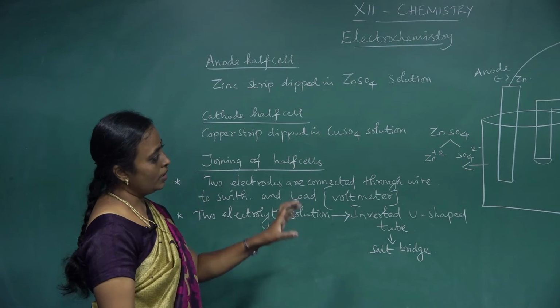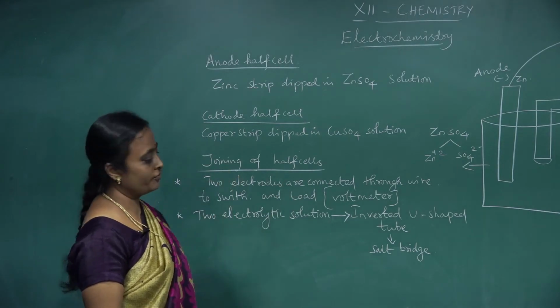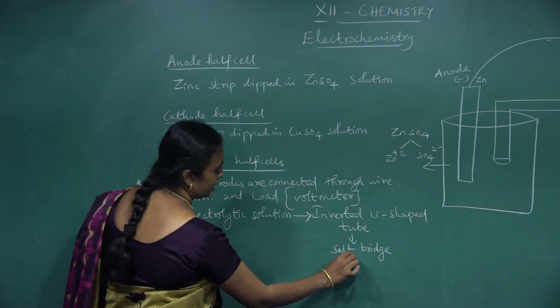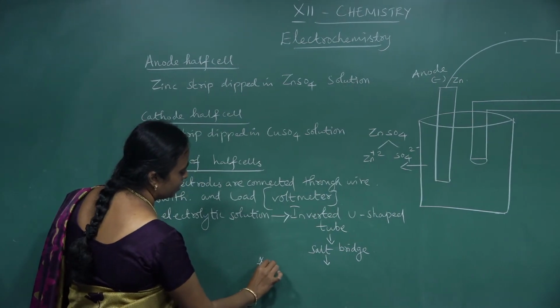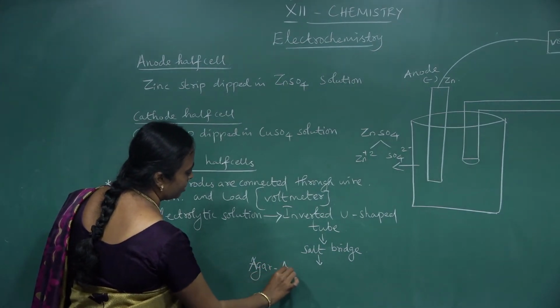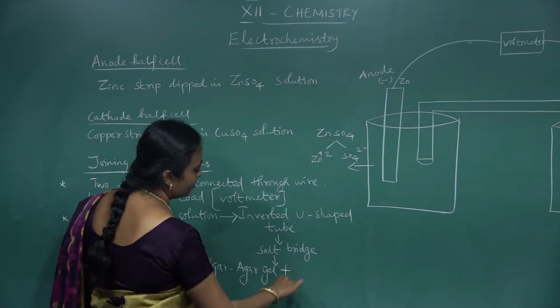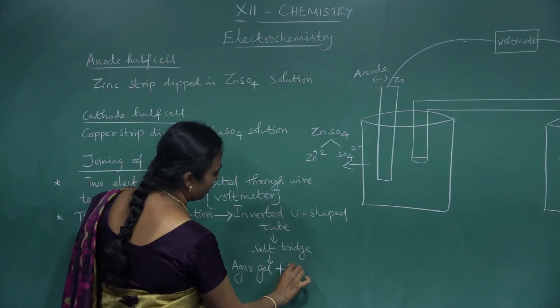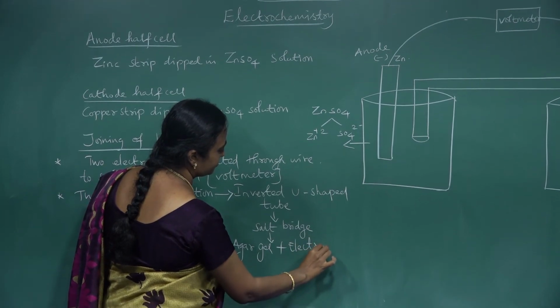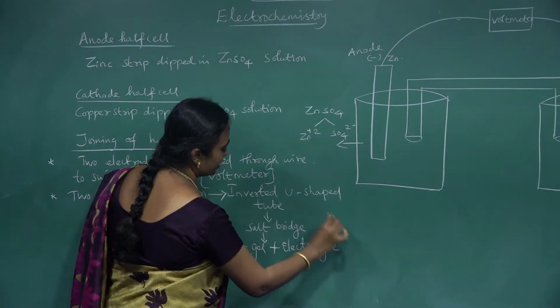Okay. Now what does this salt bridge consist of? The salt bridge consists of agar-agar gel, that should be mixed with the electrolyte.